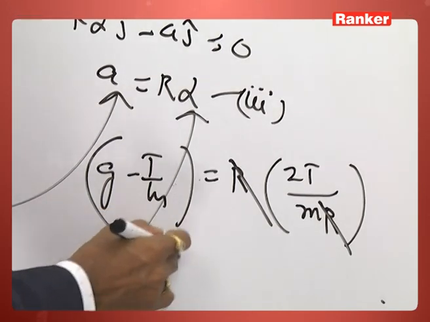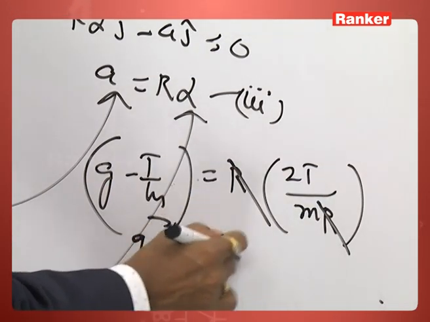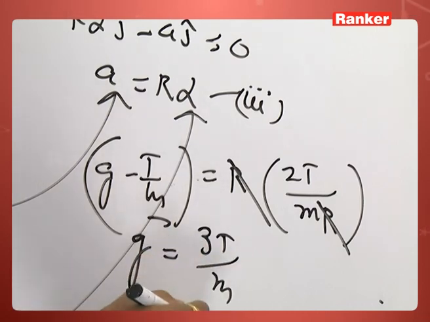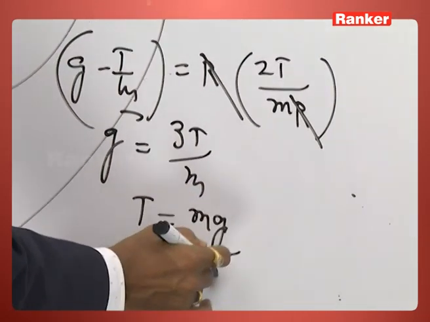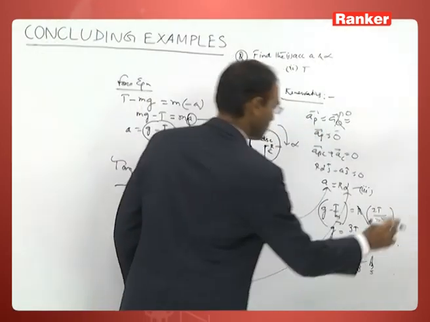So g is equal to T by m plus 2T by m, that is 3T by m. So it gives us T is equal to mg by 3, answer.